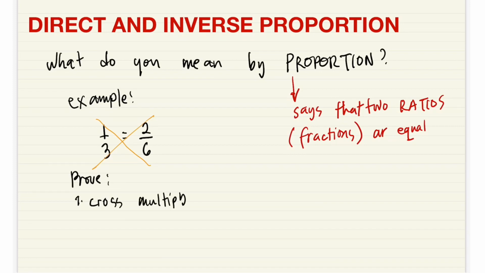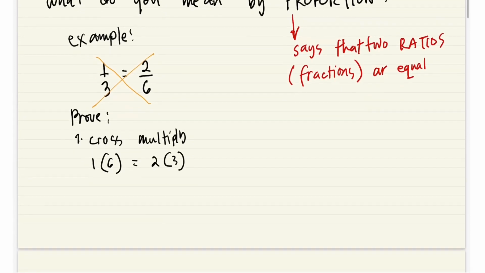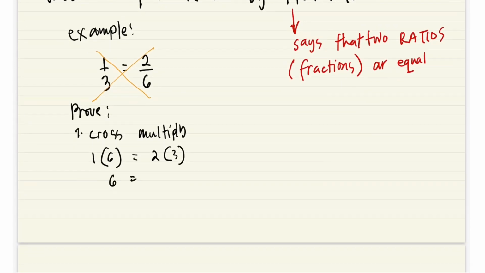So we have 1 times 6 equals 2 times 3. 1 times 6 is 6, and 2 times 3 is 6. So therefore these two fractions are equal, because they have a common product which is 6.